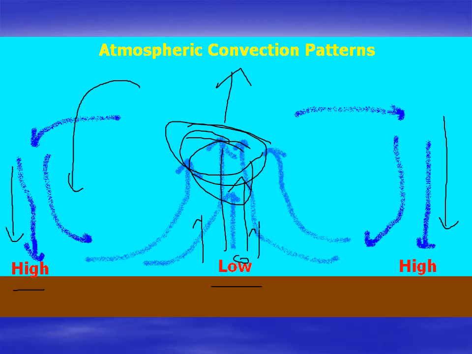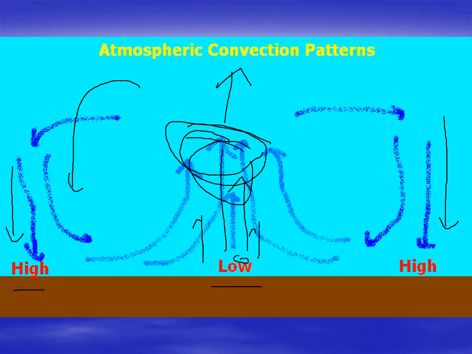So a big high sitting over Texas in the summer tends to make it hotter, and it's clearer, which means more sunlight coming in. Whereas the other thing that can happen in the winter is that the air can actually become just very cold and very dense, and that makes it high pressure.